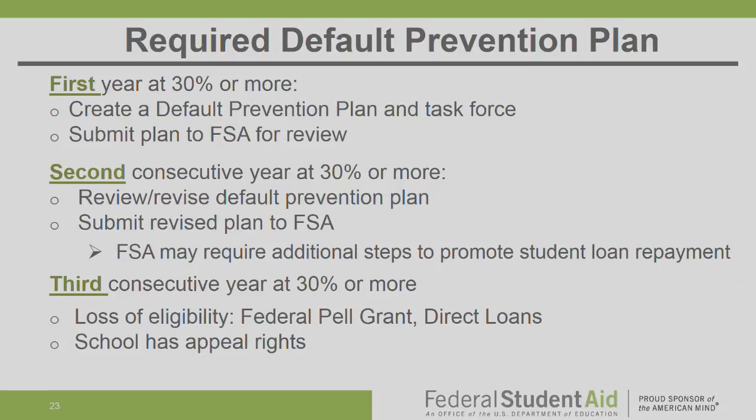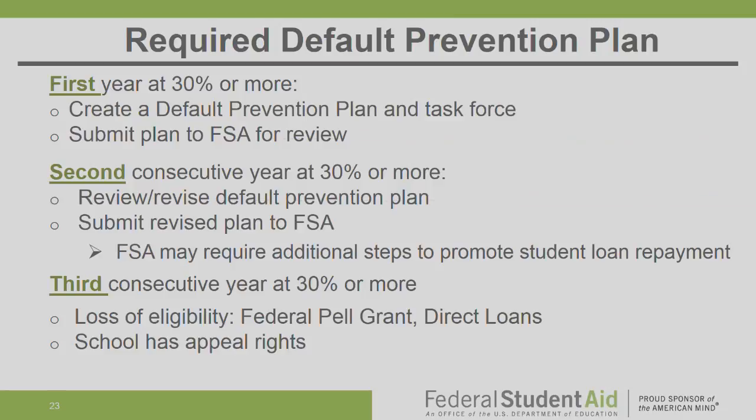In the event that you have a second consecutive year of 30% or more, you would revise that plan and then resubmit it. And generally, because of the timing of the first year CDR and the second, there's not a whole lot you can necessarily see as a difference between the first and second year if you're in that category.